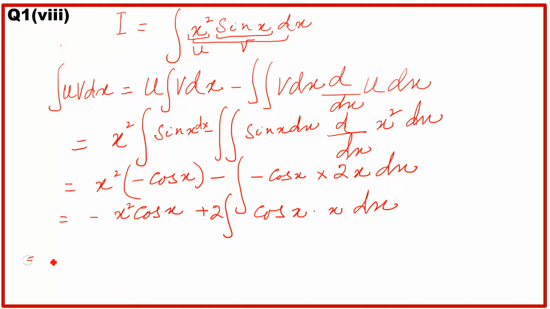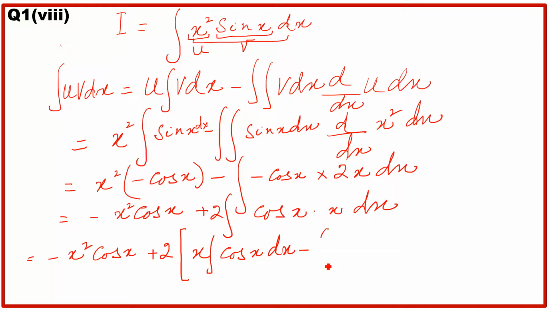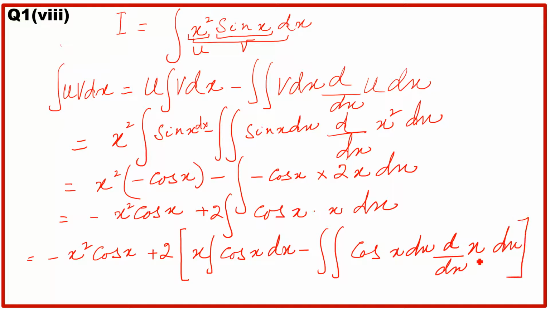I will write minus x square cos x plus 2. Right, from here, x is u, and then cos x we will consider as the second function, which is v, minus the double integral of cos of x dx, derivative of the first function, which is x, into dx.